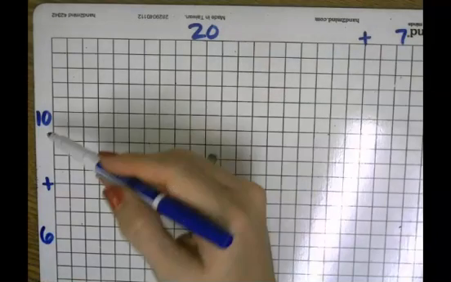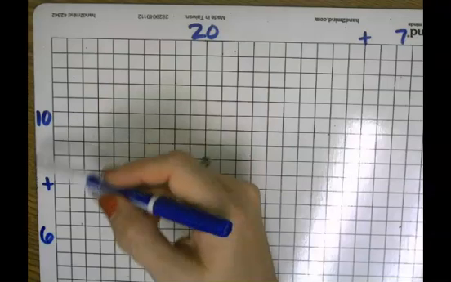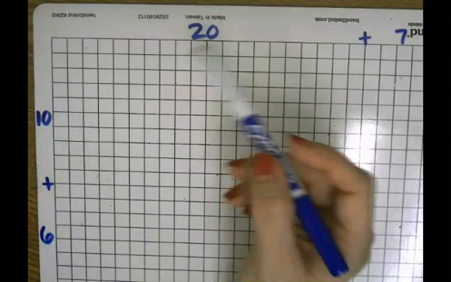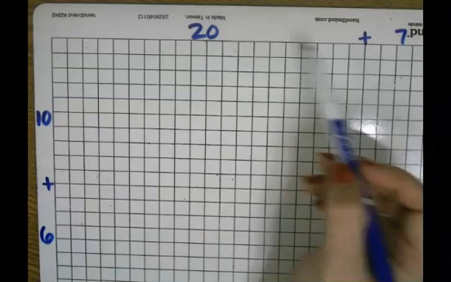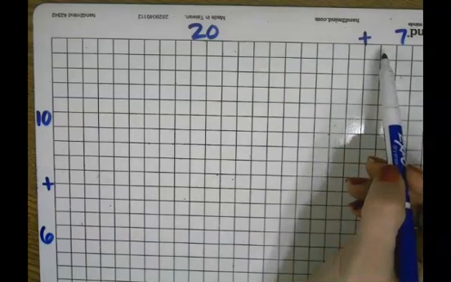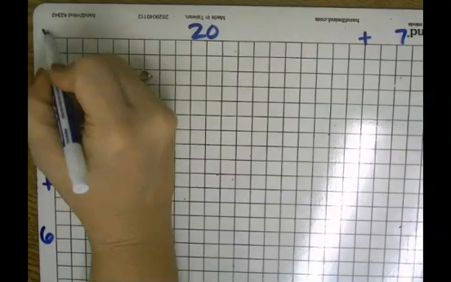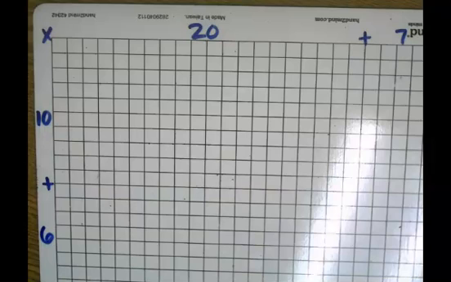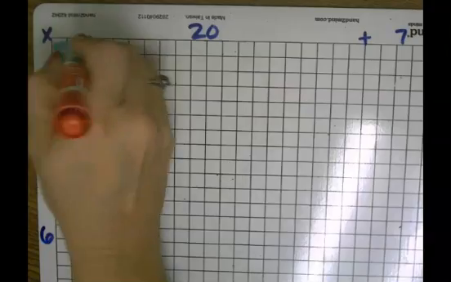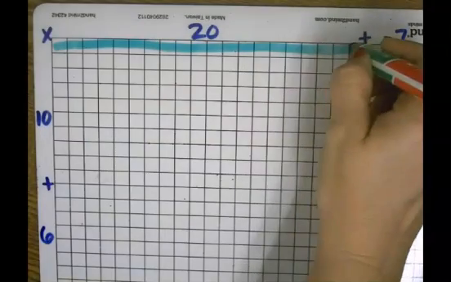The 16 students I represent as 10 plus 6, and the M&Ms 20 plus 7. Okay? So for the first section, and remember, we're multiplying. So let's say this is my first section, 20 times 10.